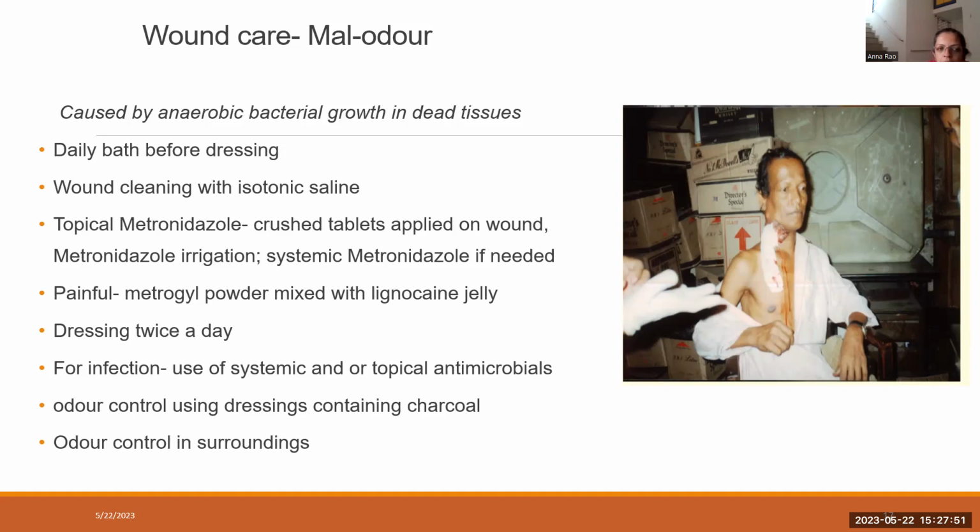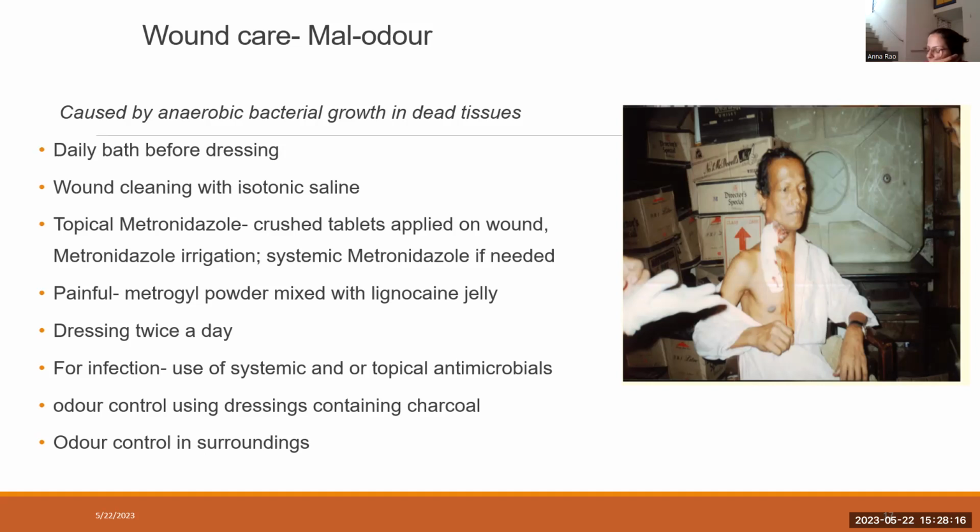Then metronidazole powder can be applied, sprinkled over the wound. Even irrigation can also be done with the help of metronidazole pint, right? That comes in bottles, so that can be used. And even nebulization can also be given.